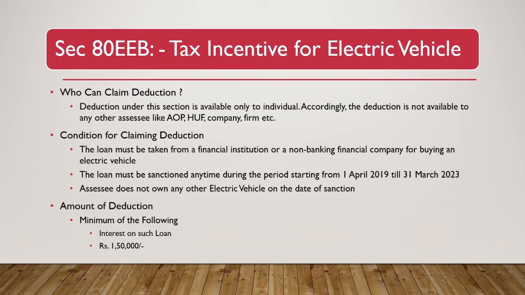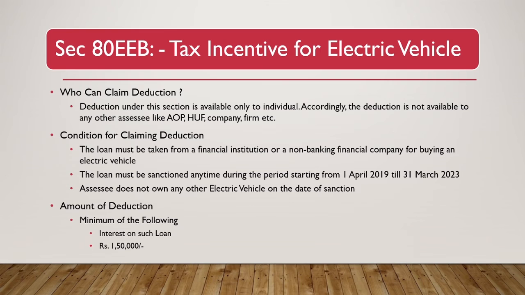SSC being individual only and taking a loan from a financial institution or non-banking financial company between 1st April 2019 and 31st March 2023, and not owning any other electric vehicle at the time of sanctioning of the loan, then such SSC can claim interest repayment of a maximum of rupees 1,50,000 as deduction.